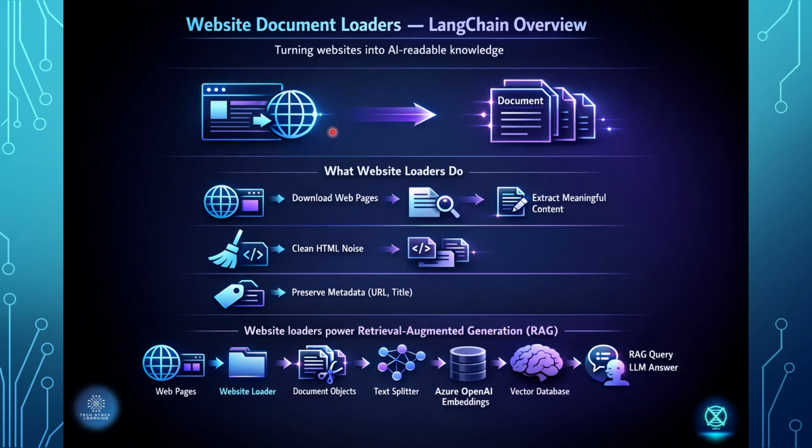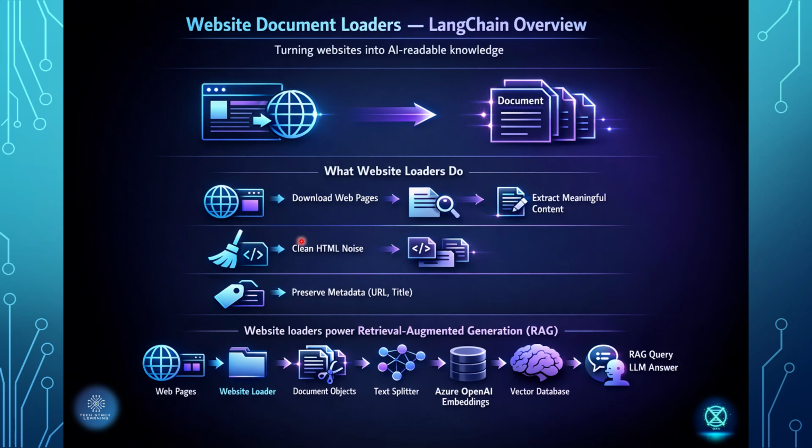So what is a website document loader in LangChain? These are basically tools that let you bring knowledge from a website directly into your AI applications. In simple terms, they turn your raw web pages into AI-readable data that an LLM can actually understand.